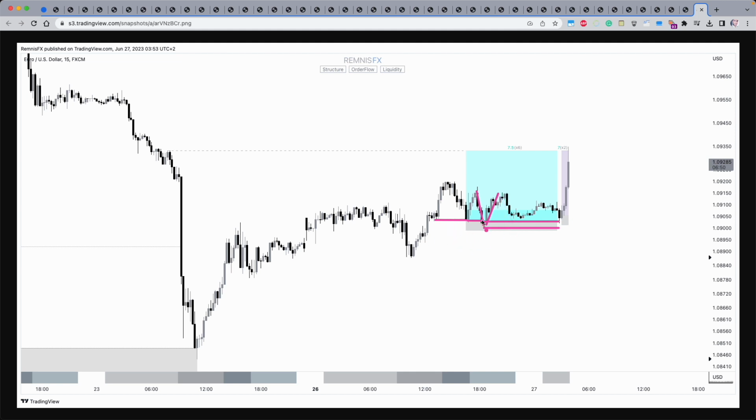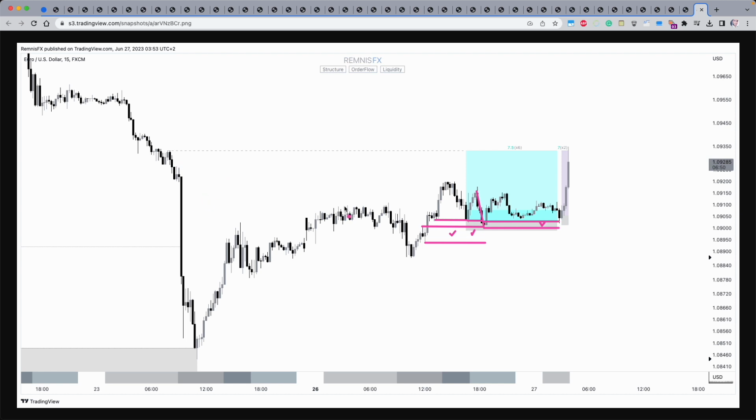Why? Because earlier here we already had that mitigation, remember? Or retest. And from the 15-minute time frame, even this one is a retest, and this one also.